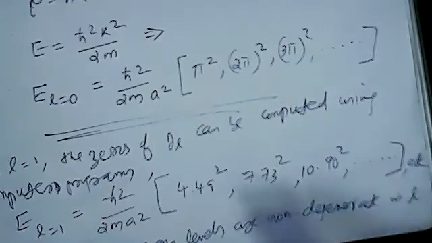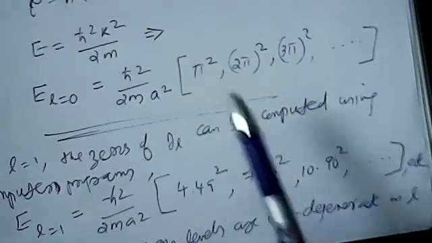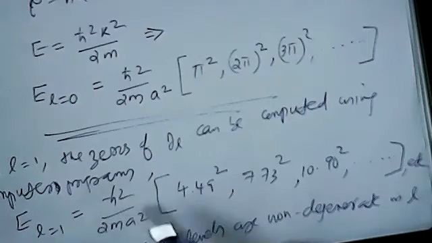This is obtained from computation work. Using programs, you can evaluate where the zeros will come for l equal to 1. Similarly, you can find l equal to 2, etc. also.